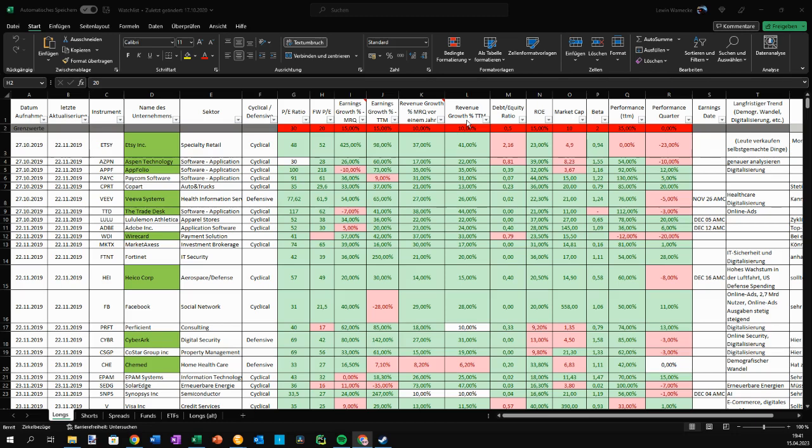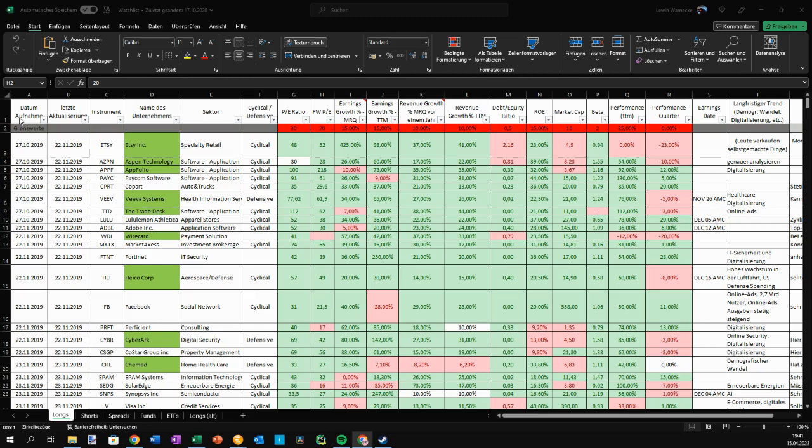I traded with them for multiple years and outperformed the market. So they are a very good guideline, and we will just start going through them one by one.